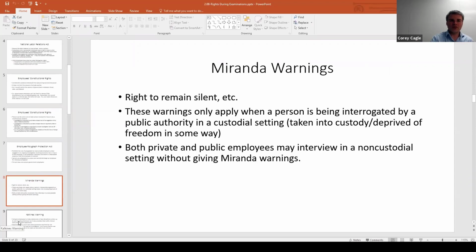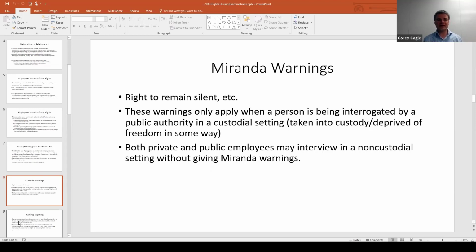Miranda warnings we're familiar with from every cop TV show we've ever seen. Right to remain silent, and so on. But, and this is really important for test questions, you'll need to make note of this. These warnings apply only when a person is being interrogated in a custodial setting.